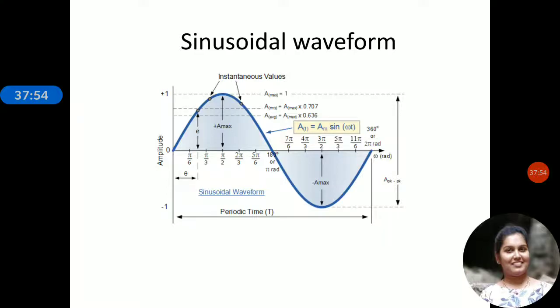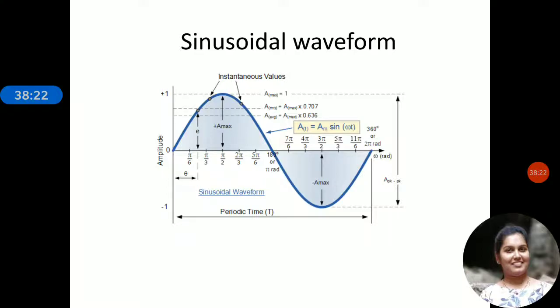If we want to calculate the average value or RMS value, we already know these formulas from the previous video. The average value is equal to A maximum into 0.636. The maximum value that we have taken in this diagram is 1, so 1 into 0.636 is the average value for this sinusoidal waveform.